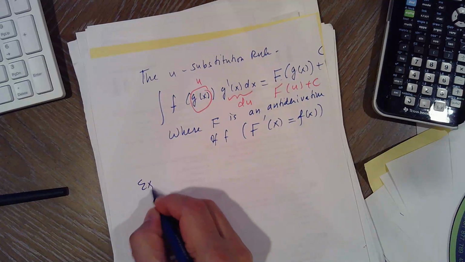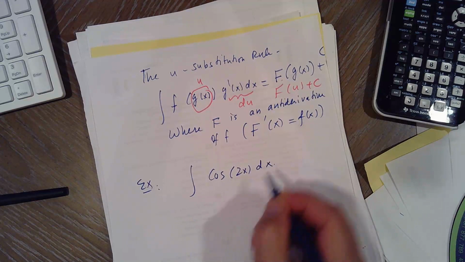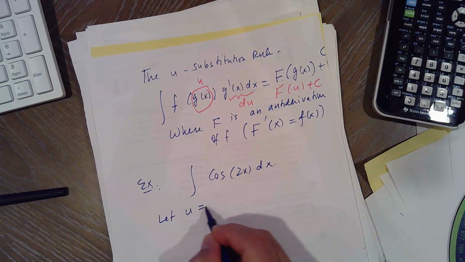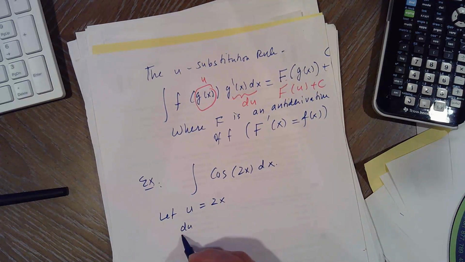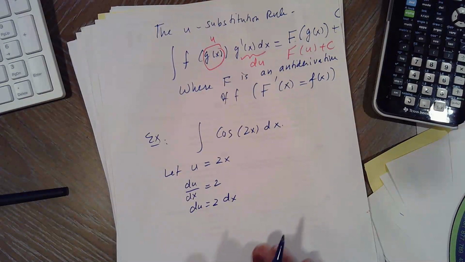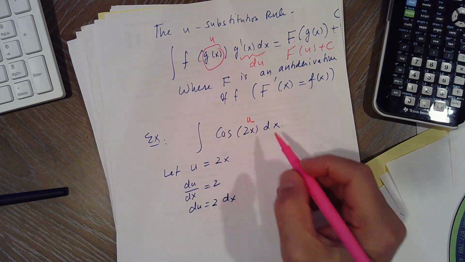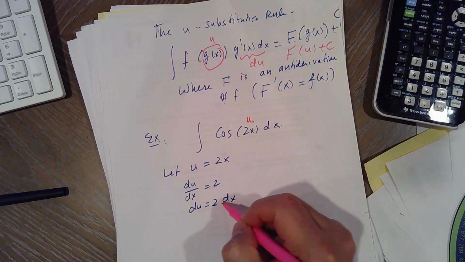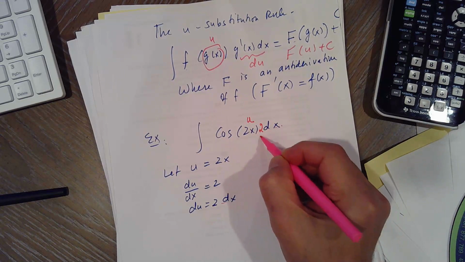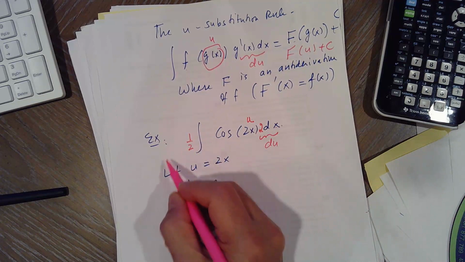So for example, if you want to do the integral of cosine of 2x dx, you let u equals 2x, so du by dx is 2, so du is 2 dx. So this would be cosine of u, and dx needs a 2 to become du, so if you multiply by 2, you divide by 2 outside.